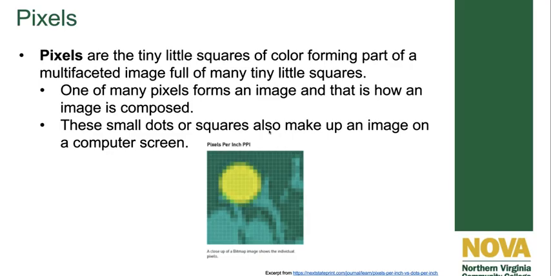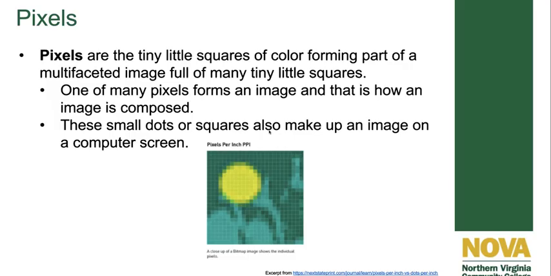Pixels also make up the image on computer screens or any display screen, such as TVs or computer monitors. You'll hear displays described as having a resolution of 1920 pixels by 1080 pixels. That means the screen will have a width of 1920 pixels and a height of 1080 pixels.